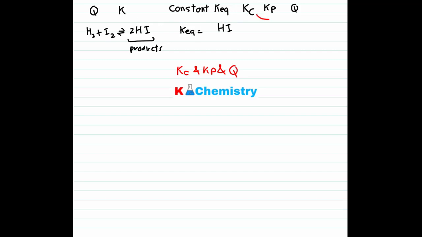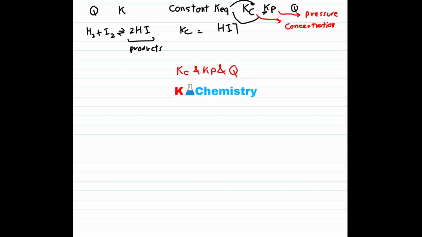If we are talking about Kc, this is the equilibrium constant for concentrations, either for aqueous solutions or gases. And if it is Kp, it is the equilibrium constant for pressures, and this is only for gases. So I have two options for K equilibrium, either Kc or Kp, two options only.